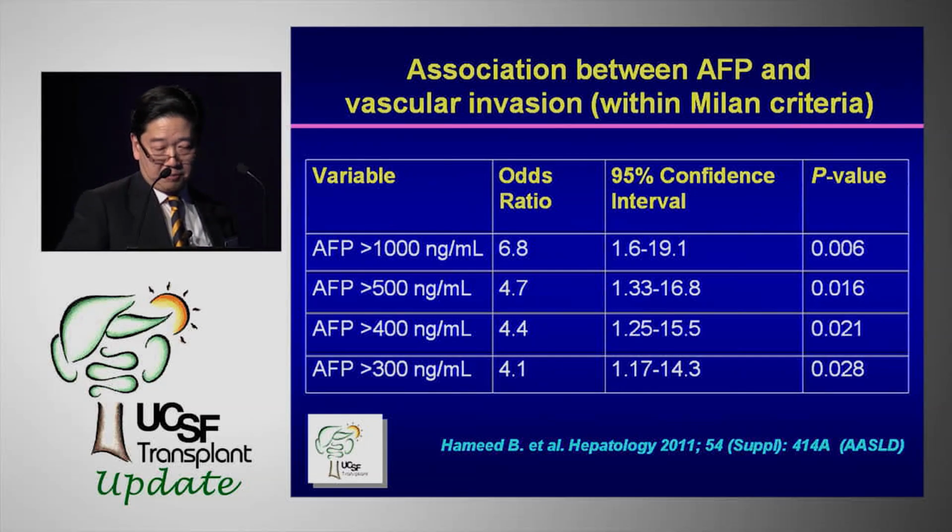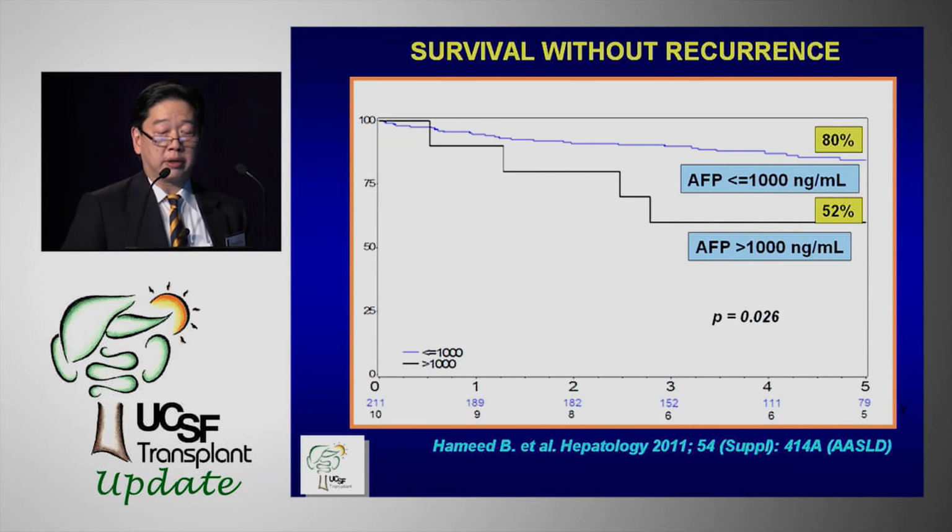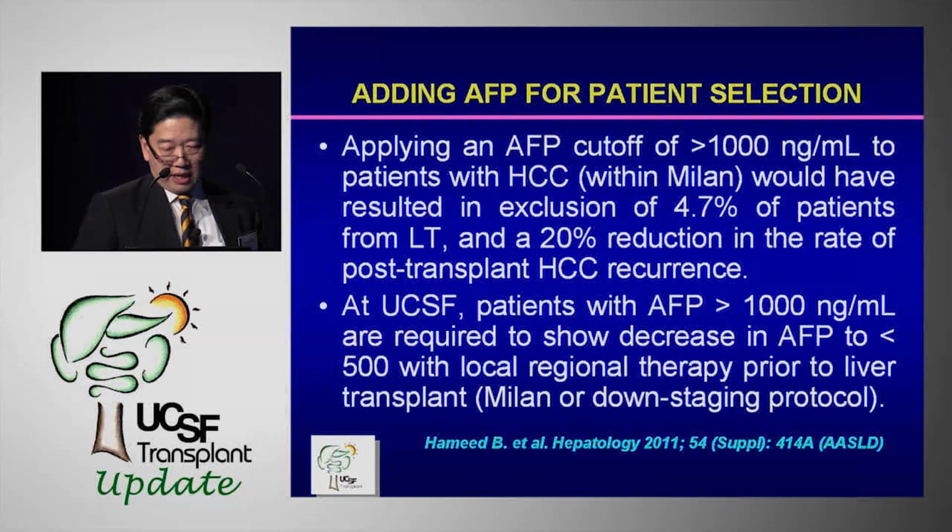So it looks like AFP being very high is a poor prognostic marker. When we look at survival without recurrence, those with AFP level at or below 1,000 have a 5-year overall patient survival without recurrence of 80%, as opposed to 50% for those with high AFP going into liver transplantation despite locoregional therapy. So even before we looked at this data, we actually came up with this guideline for exclusion of patients at our center.